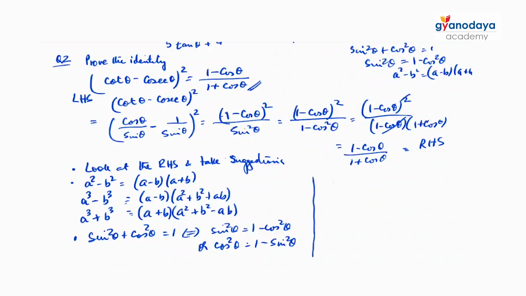Suppose in some questions you have secant theta plus tan theta or something like that. What should come to your mind is applying the identity 1 plus tan squared theta is equal to secant squared theta, because you can multiply this by secant theta minus tan theta, and divide by secant theta minus tan theta.